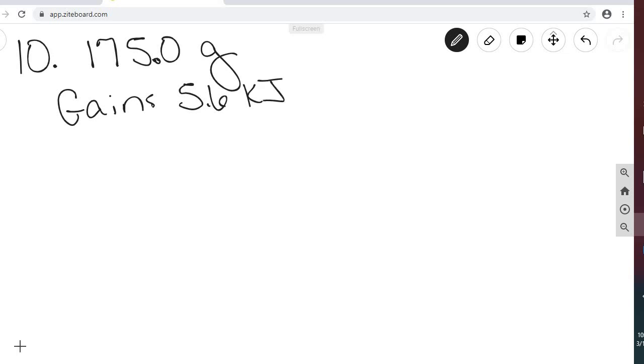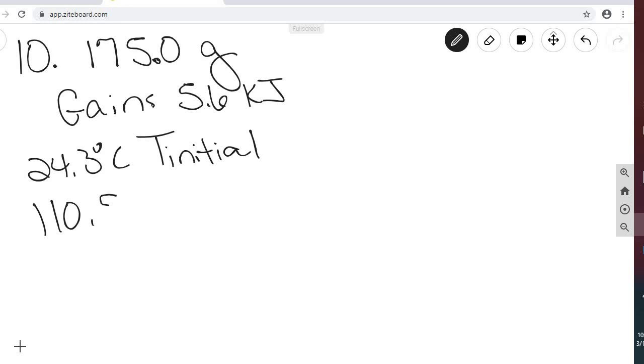The metal's temperature rises from 24.3 degrees C, that tells you that's going to be the initial temperature, to 110.5 degrees C, so that's the final temperature. What is the specific heat capacity of the metal in joules over grams degrees C?